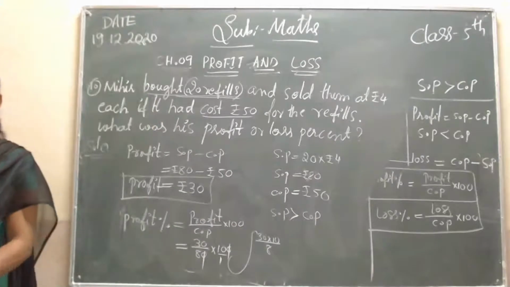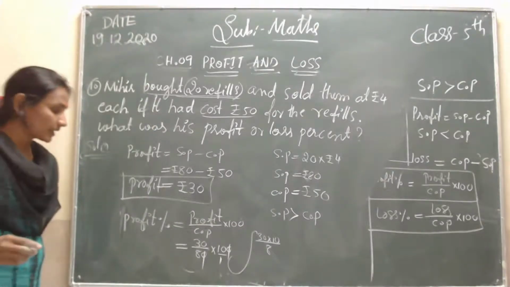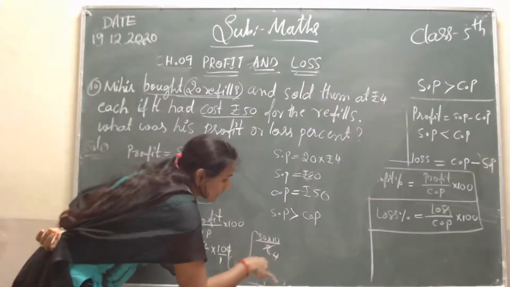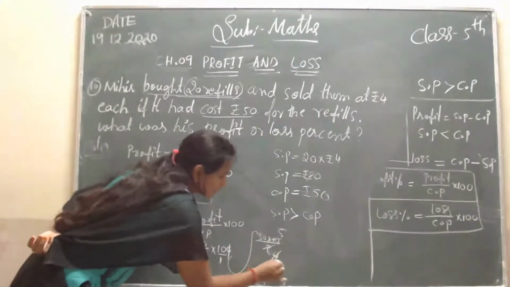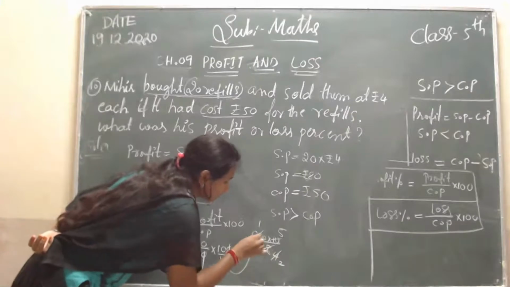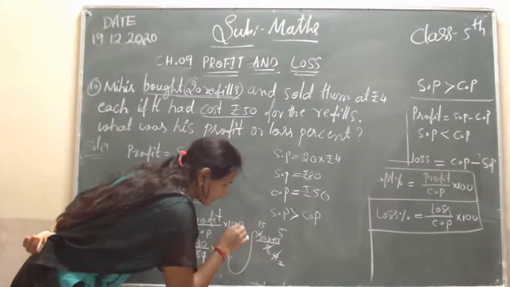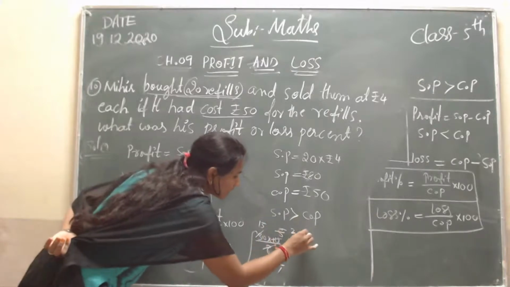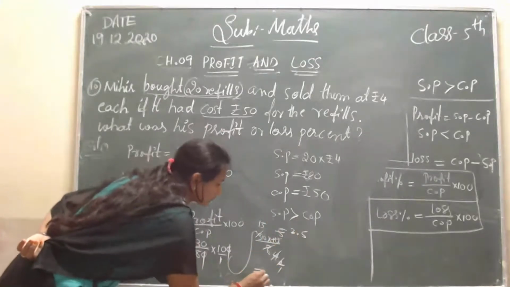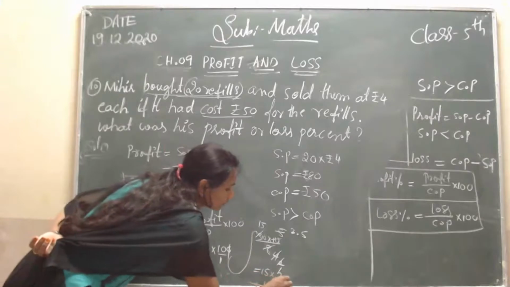So students, you have to take the table of 2. 2 4s are 8, 2 5s are 10. So next, 2 2s are 4, 2 1s are 2, here we come to 2 5s are 10. Again 2 1s are 2, 2 2s are 4, 1 is remaining, 2 5s are 10. So what is the value? 50 into 2.5.